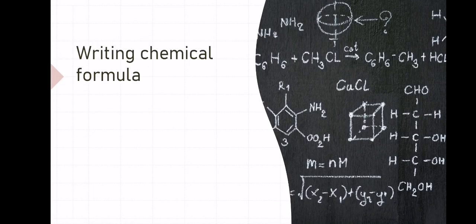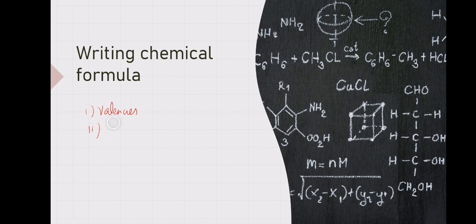Now let us move on to writing a chemical formula. There are some rules for writing the chemical formula. The first rule is that the valencies or charges must be balanced. Second, if a compound consists of a metal and a non-metal, the symbol of the metal is written first, then the non-metal is written.